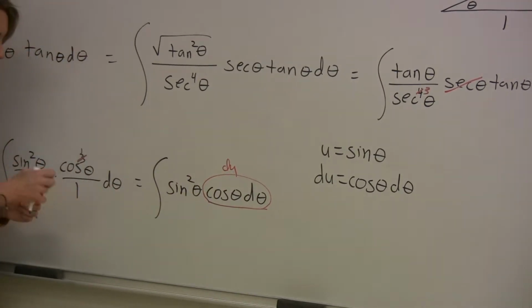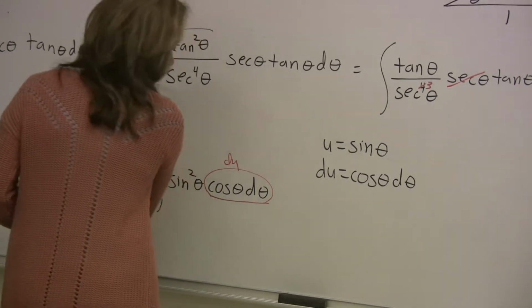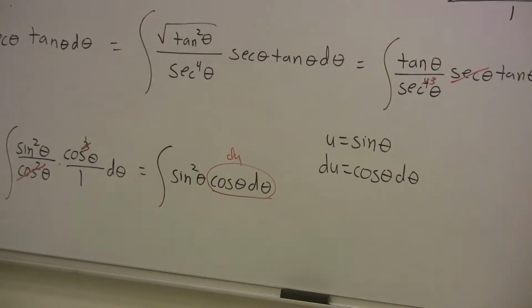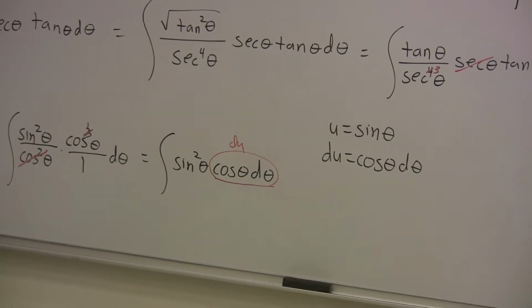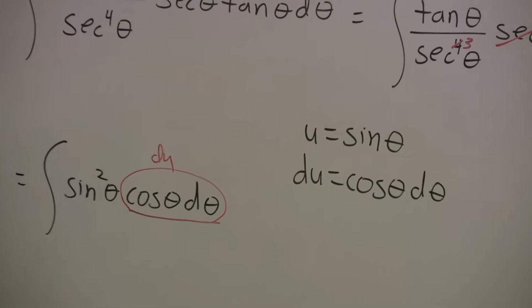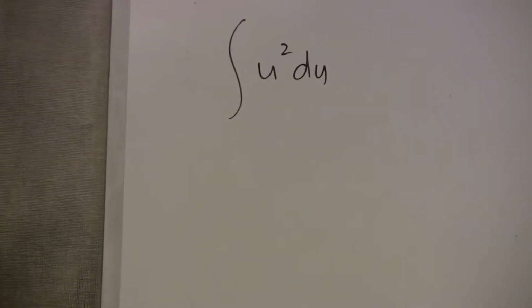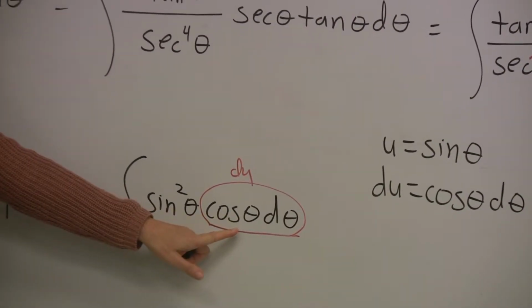What's this? U squared. Oh, we can totally do this. I'll bring it up in the next board though, so I'm still gonna squeeze in the corner again. So I now have u squared du. That's the whole thing, right? This is my u squared and that's my du.